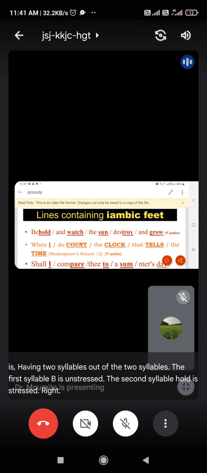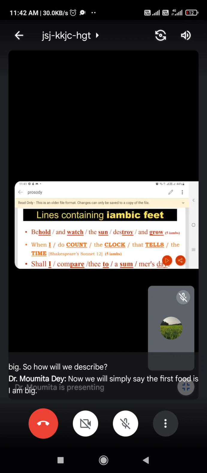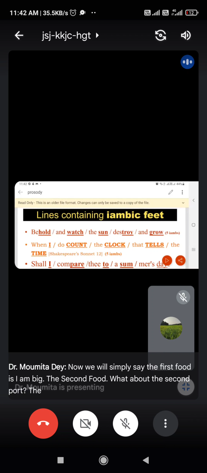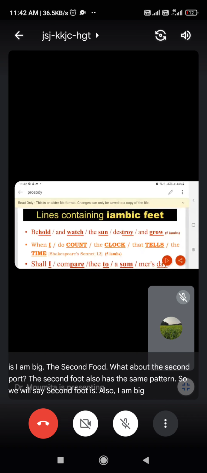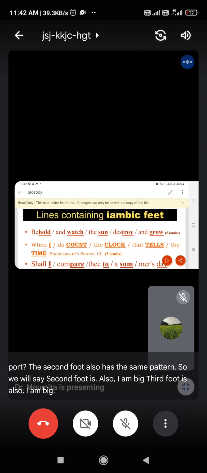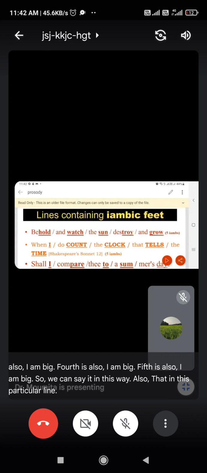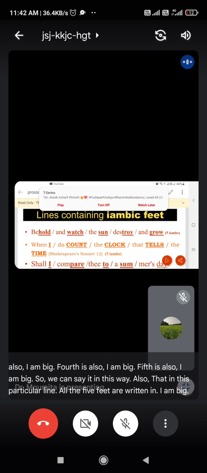We will simply say the first foot is iambic. The second foot also has the same pattern, so we will say the second foot is also iambic. Third foot is also iambic. Fourth is also iambic. Fifth is also iambic. So we can say it in this way also: in this particular line, all the 5 feet are written in iambic. You can simply say that.